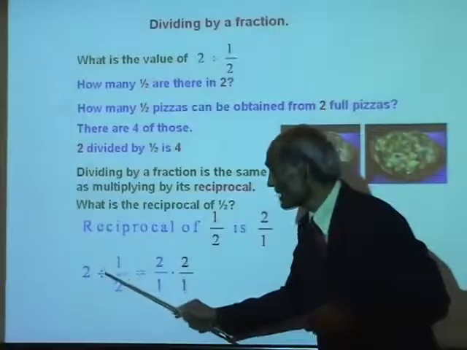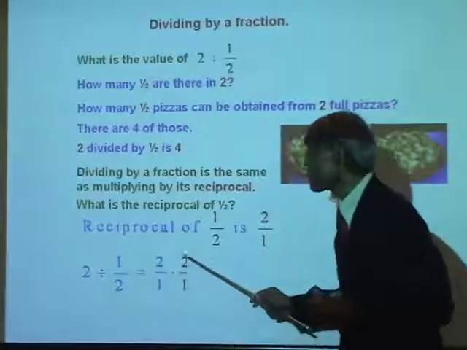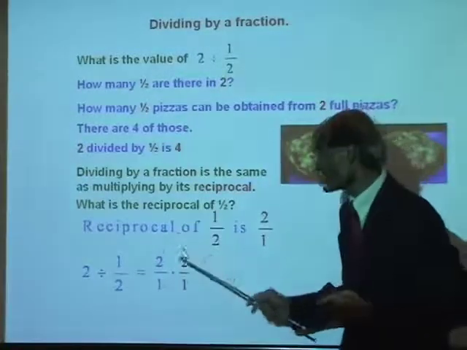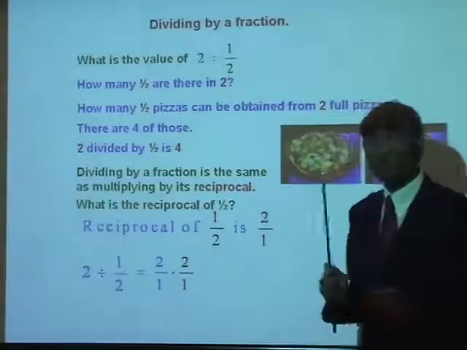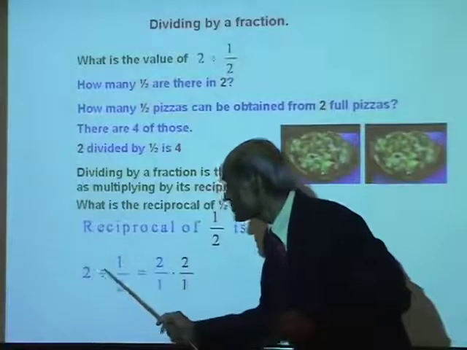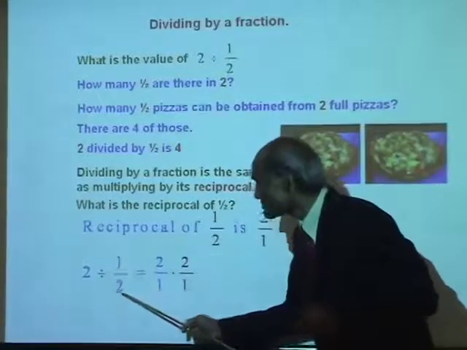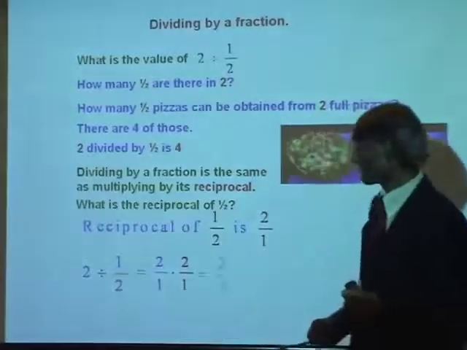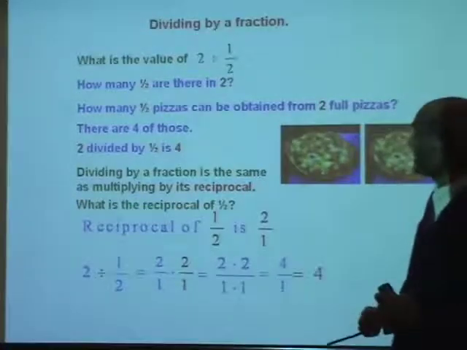So 2 divided by 1/2 is the same as 2 multiplied by the reciprocal of 1 over 2, which is 2 over 1. Okay, I want you to remember that. You can change a division to a multiplication by writing the reciprocal of the dividing fraction. And that gives you 4 as the answer.